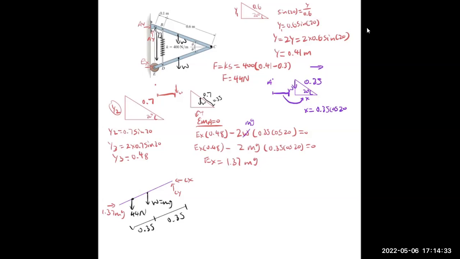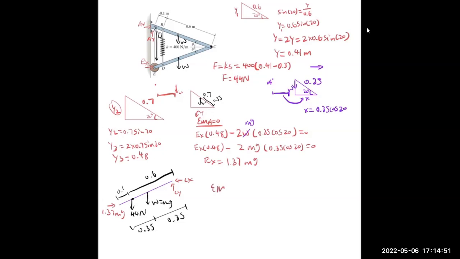Okay. And then for that, you know that this distance of 0.1 right here and 0.6 right here, right? Okay, right now we can take a moment at C because C has the most unknowns.